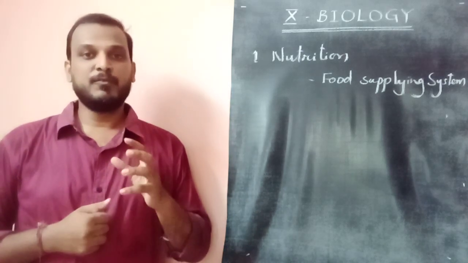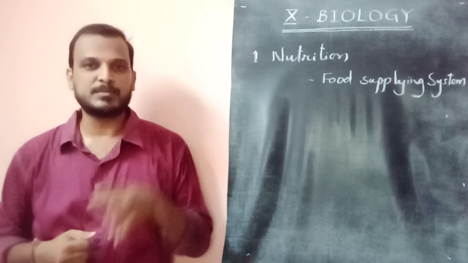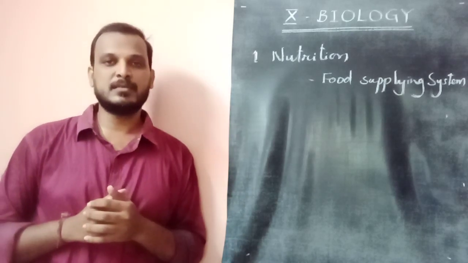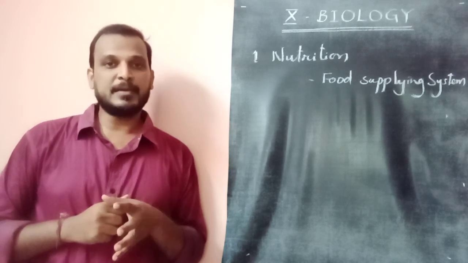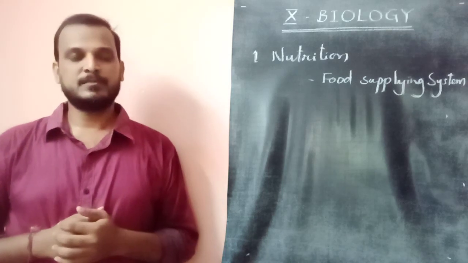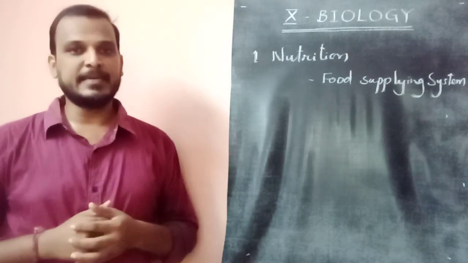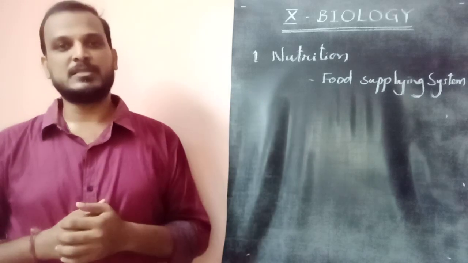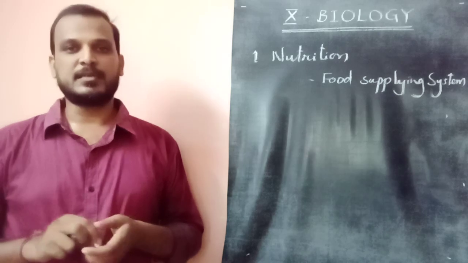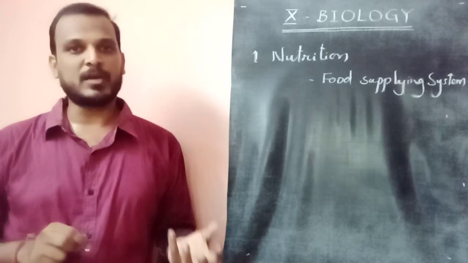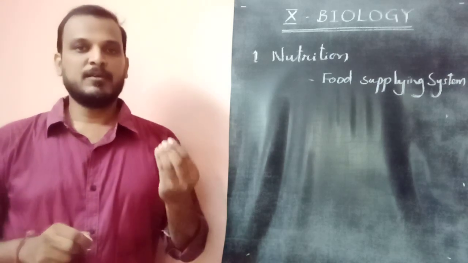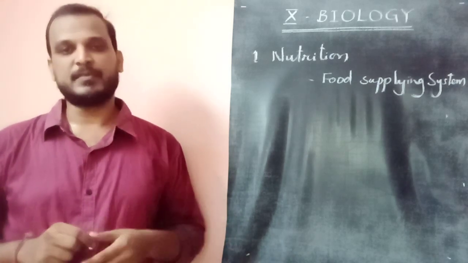We will learn how different organisms, some will supply by themselves without depending on any others, some will supply by depending on some other organisms like plants and animals. We will go into that detail while we are going through the explanation in the first chapter. So this is about chapter 1, dear children, nutrition: how an organism procures, obtains food for their survival.